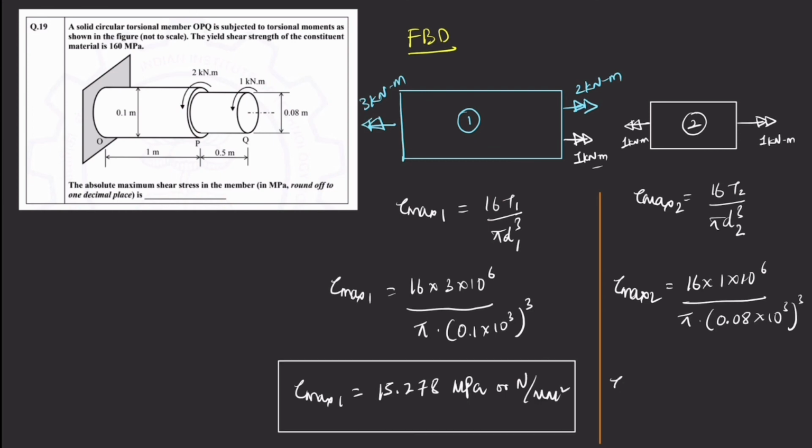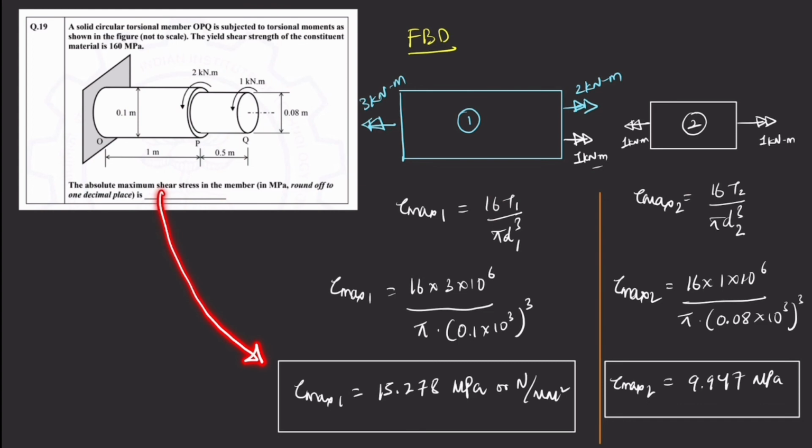And here tau max 2 will be 9.947 megapascals. Comparing these two values, we can see that the absolute maximum shear stress is tau max 1, which is 15.278, and hence this is our answer.